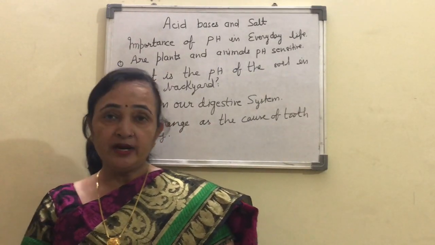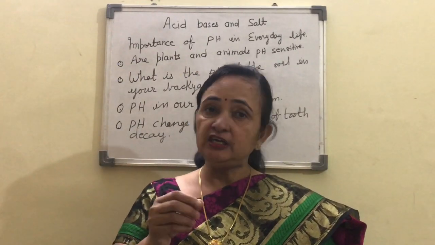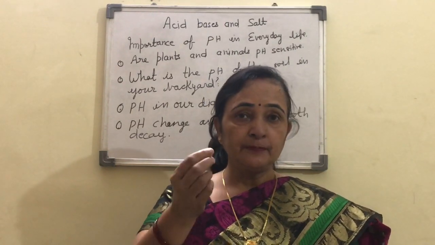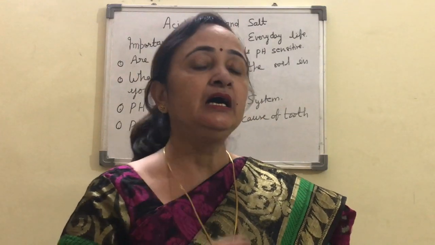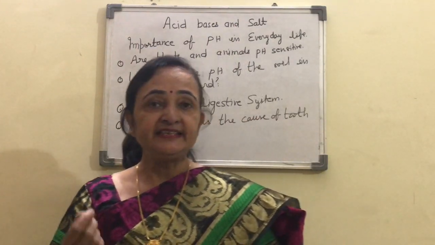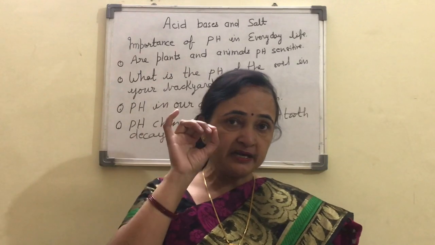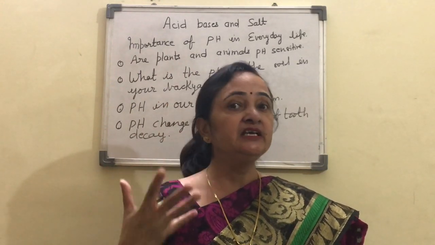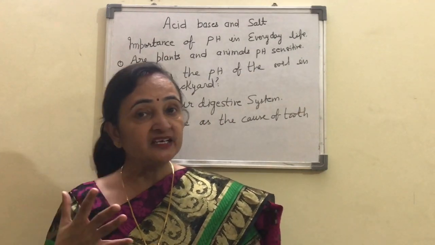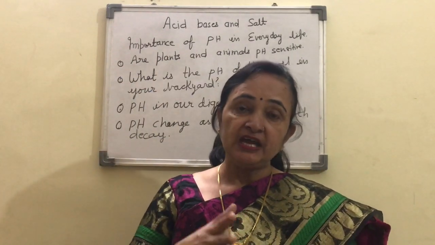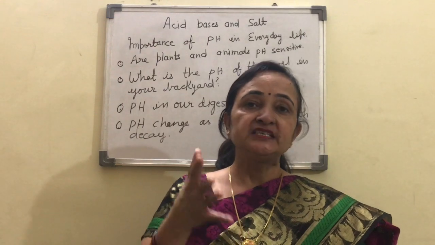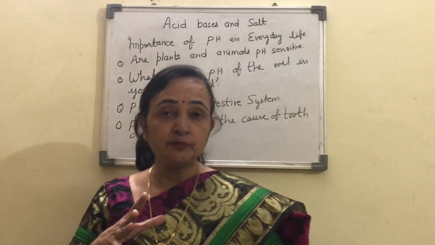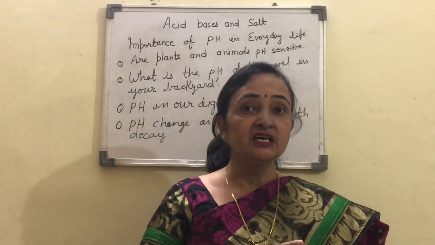When we eat food, some particles of the food remain in our mouth. If these particles are there, some bacteria will develop, and those bacteria produce acids, and these acids will start corroding our teeth. Our teeth are made of a very hard substance.